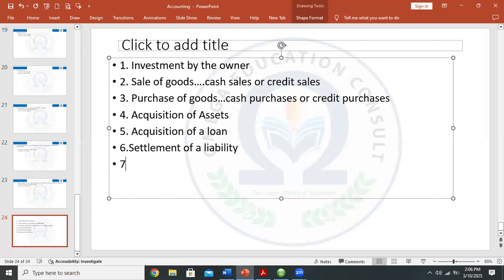Then I think seven was payment of expense. 8 was receipt of income, when the business receives income. Then 9 was the drawings we spoke about.